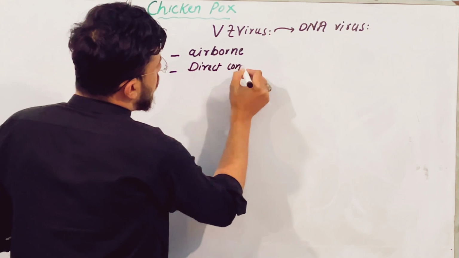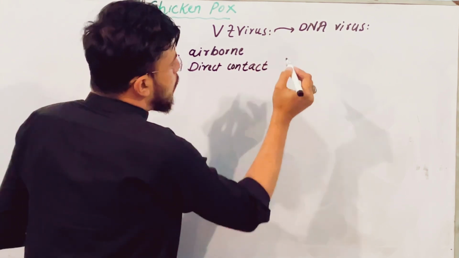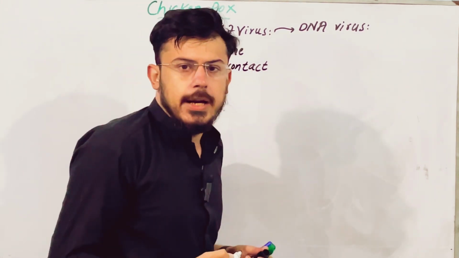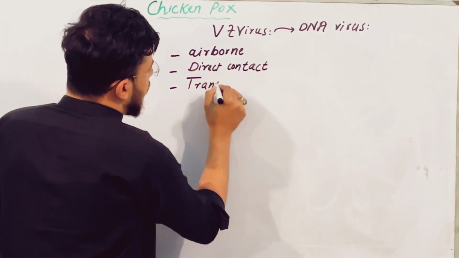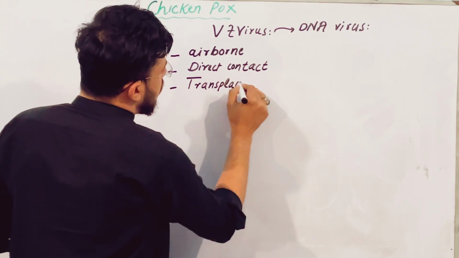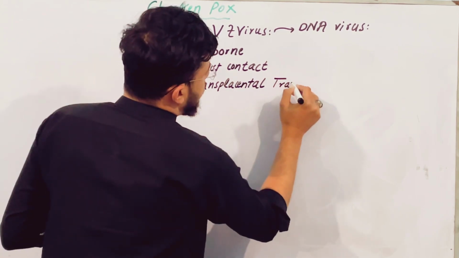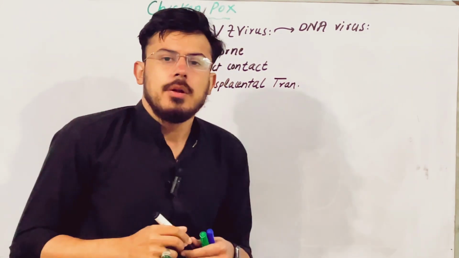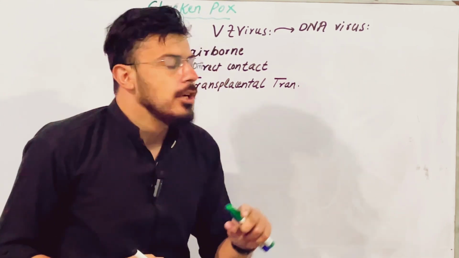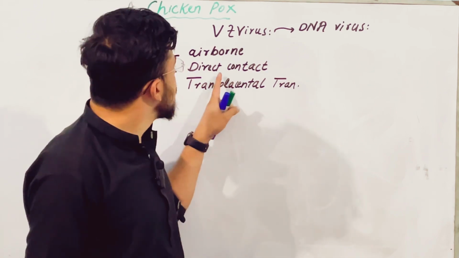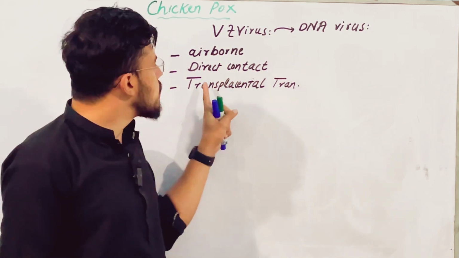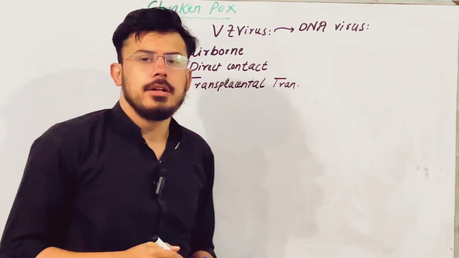Through direct contact, chickenpox can be transmitted, and in pregnant women it is transmitted by the transplacental route. So chickenpox is transmitted in three ways: the most common is airborne, the least common is direct contact, and in pregnancy it is transmitted by the transplacental route.